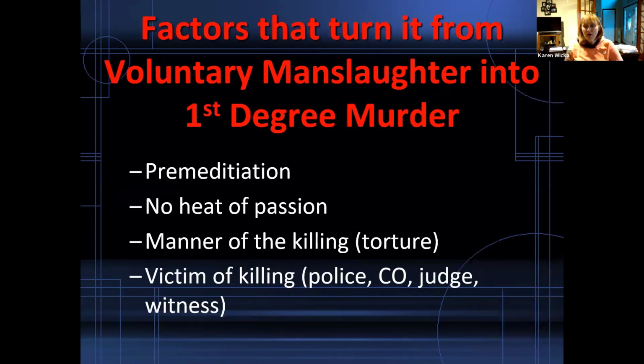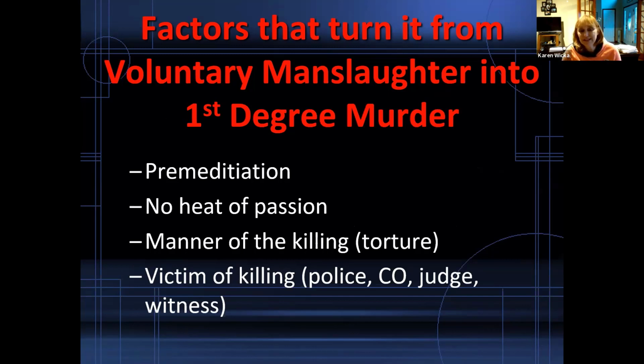Okay, so what are we looking at to determine between voluntary manslaughter or back up to murder first degree? Premeditation. So if the person premeditated, forethought, if they thought about it and planned it in any way, it's going to be first degree. If there's no heat of passion, if the person wasn't provoked in this excited state, then it's first degree.